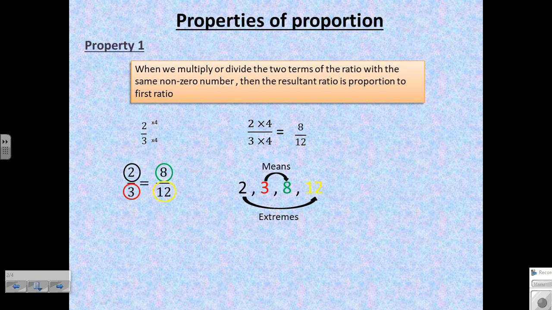So the first term and the fourth term are called extremes, and the second term and the third term are called means. So 2 to 3 equals 8 to 12, and these two ratios are proportional, meaning they are equal.